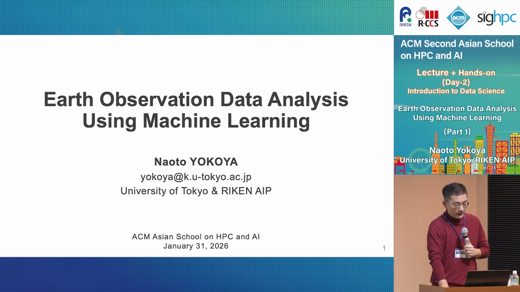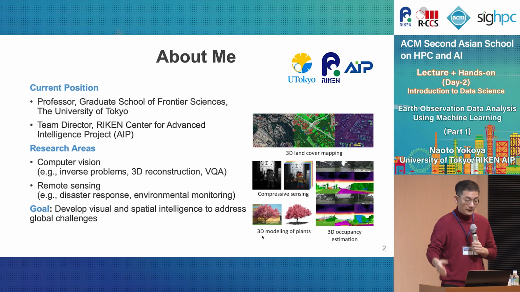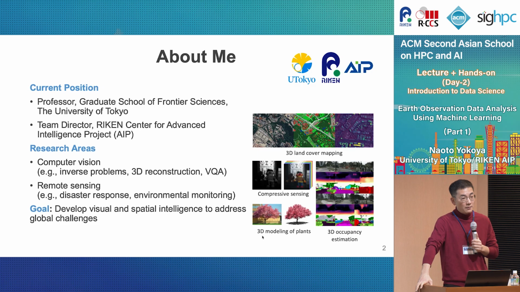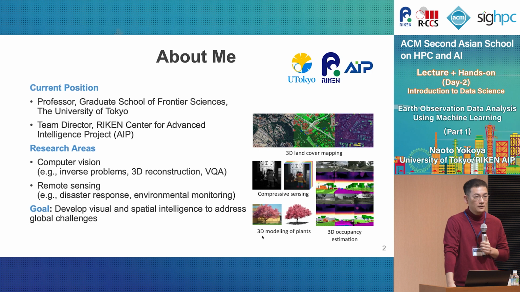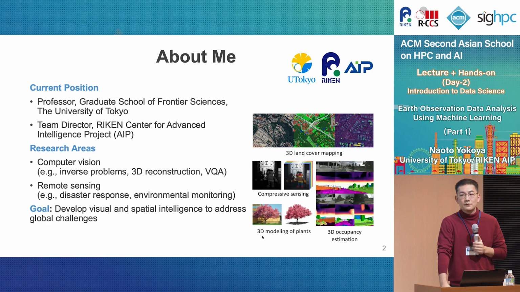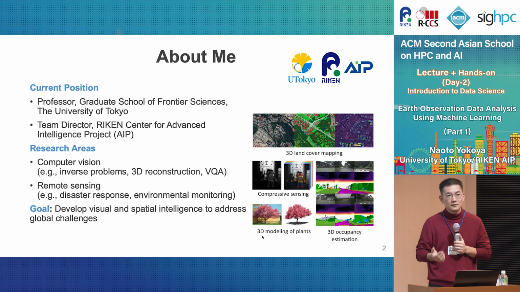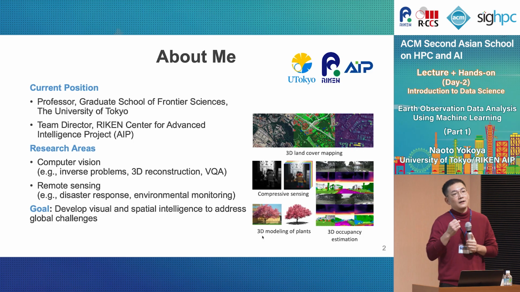So let me briefly introduce myself. My current position is already introduced. My research is focused on the intersection of computer vision and remote sensing. Our group is usually handling how to understand images.